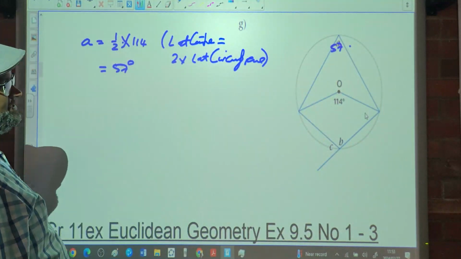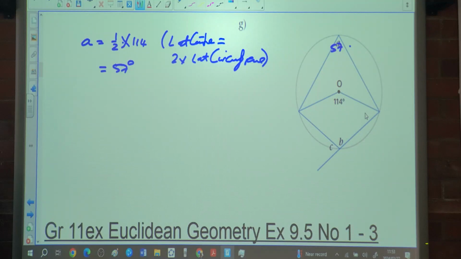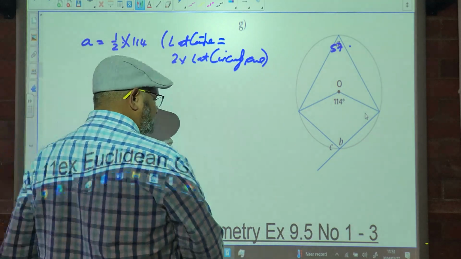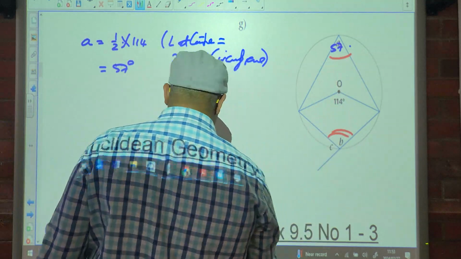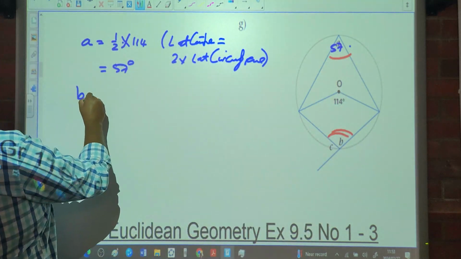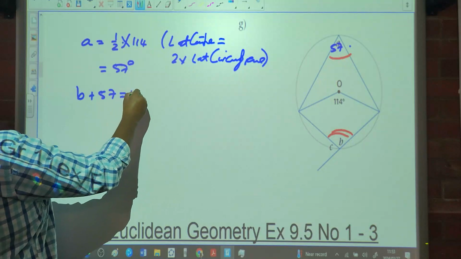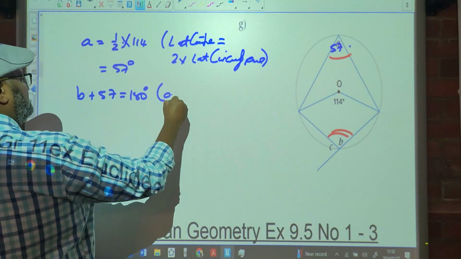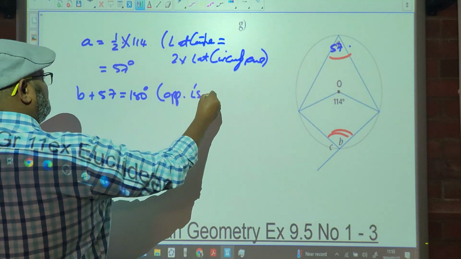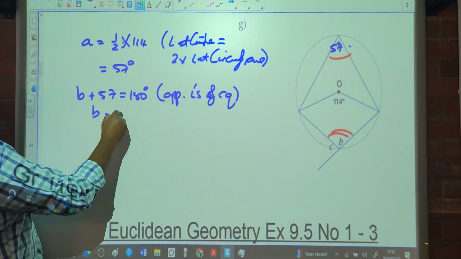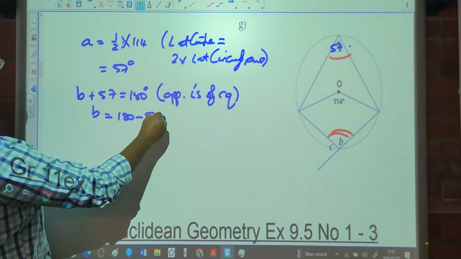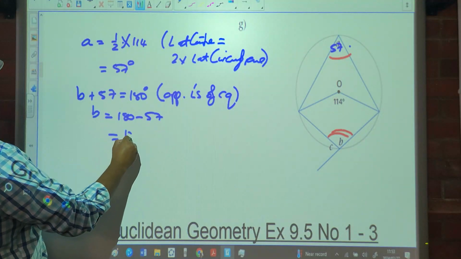Are you going to calculate B? Opposite angles of a cyclic quad. So that angle, 57 plus B, adds up to 180. Opposite angles of cyclic quad. So B is 180 minus 57. The answer is 123.